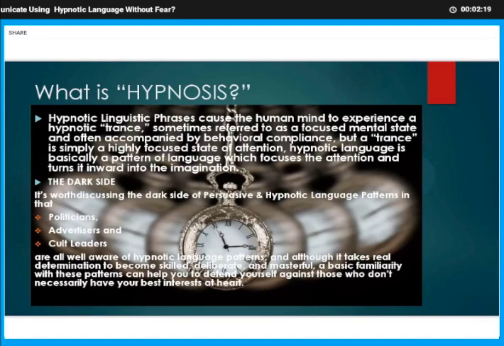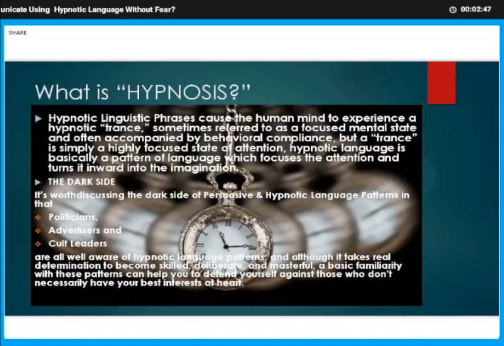But a trance is simply a term that we attribute to that highly focused state of attention, where we're really inside of our own heads and kind of imagining the world around us, imagining things and creating mental images and connecting with those in our mind. Hypnotic language is basically a pattern of language which focuses your attention and turns it inward into your imagination.